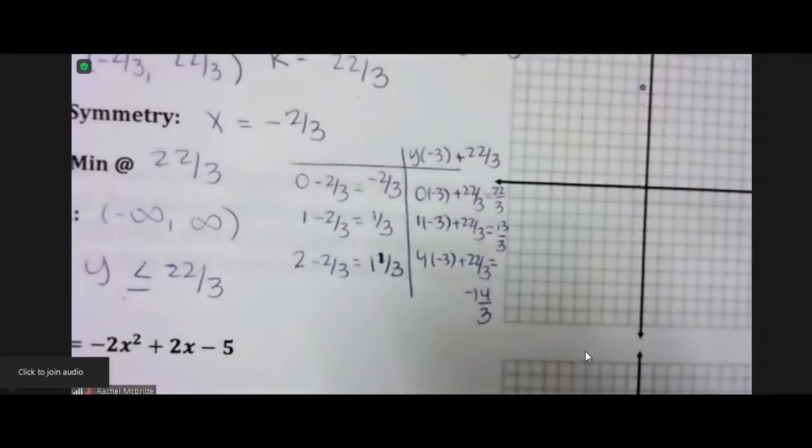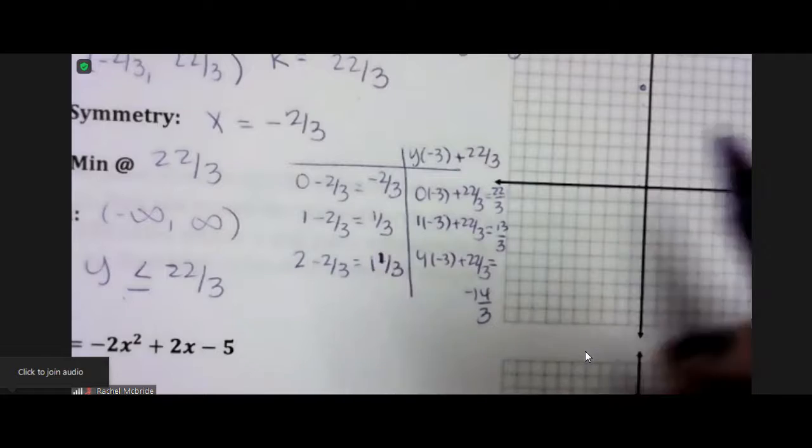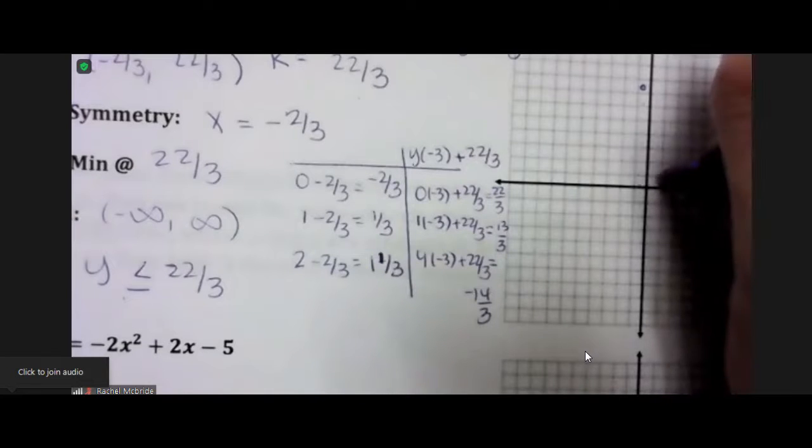Not to say if you have a problem like this that you're not graphing, you may not get asked with a more complicated vertex. So negative 2 thirds, and like I said, 22 thirds is like 7 1/3. So there's your vertex up at the top. And then you plot 1/3 and 13 thirds.